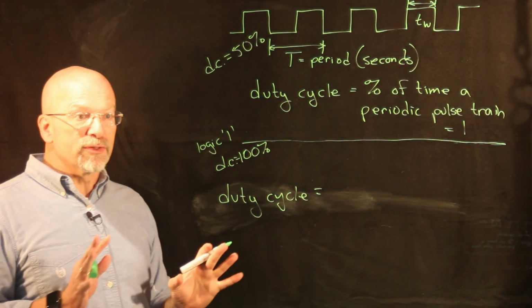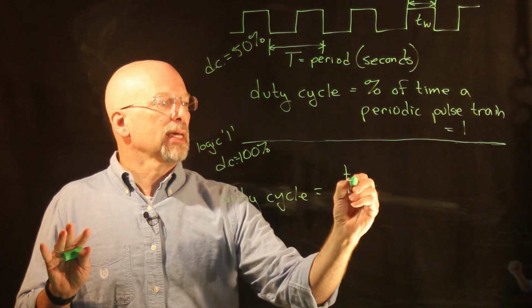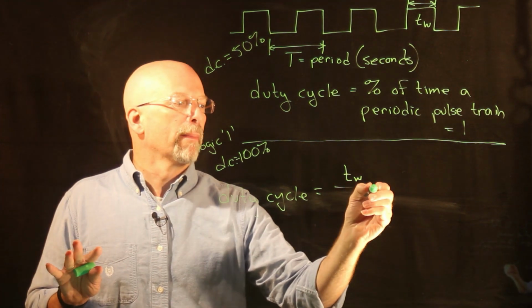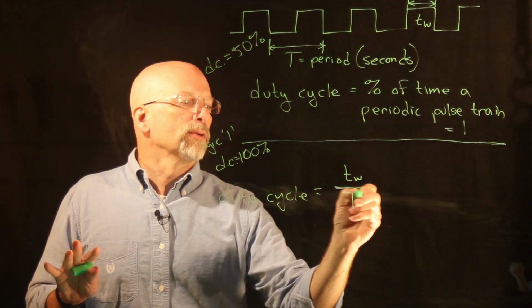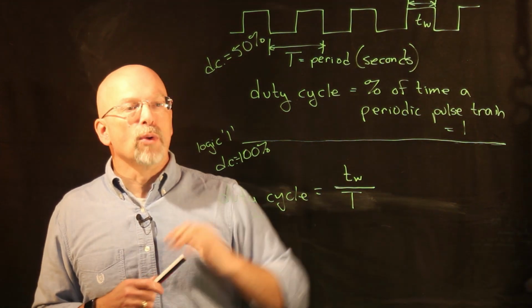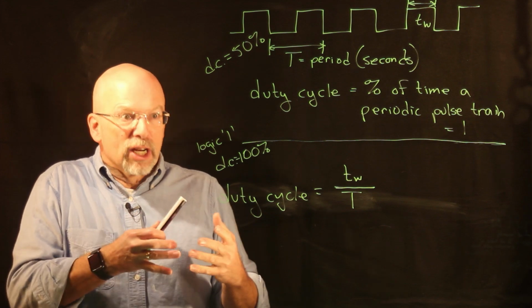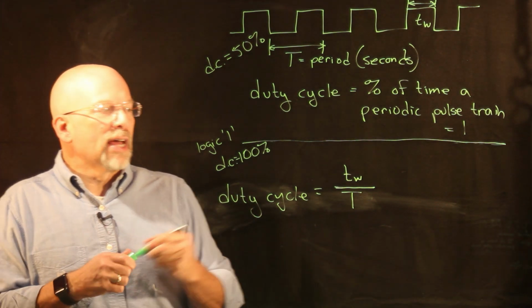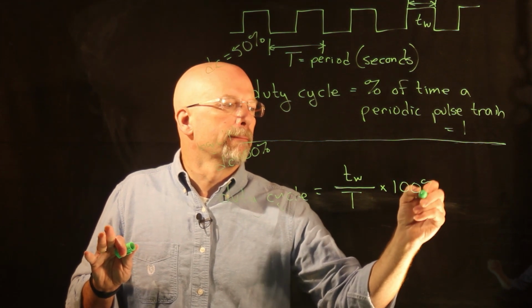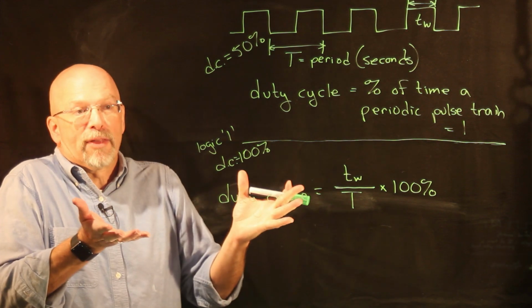It's the percentage of time that the signal is a logic 1. T sub W is the time we're a logic 1, and capital T is a full period. So T sub W over capital T gives us a fraction. To convert that to percentage, we multiply by 100%. This is a very simple mathematical expression.